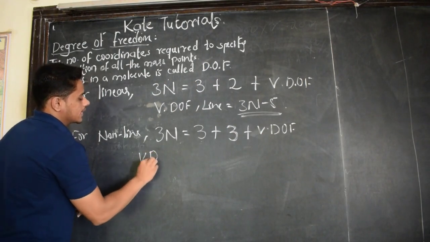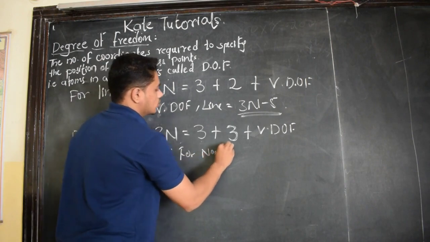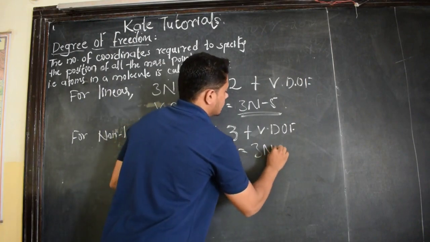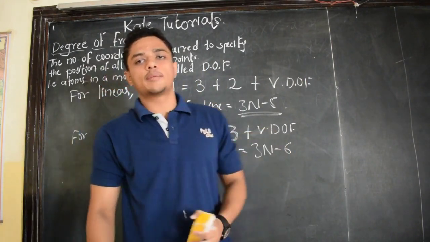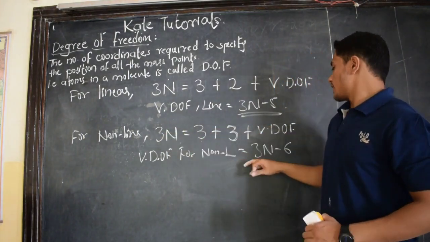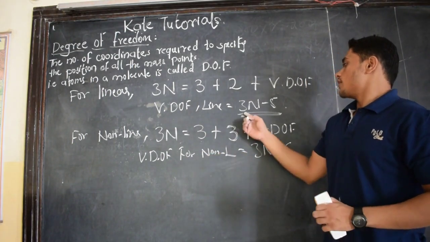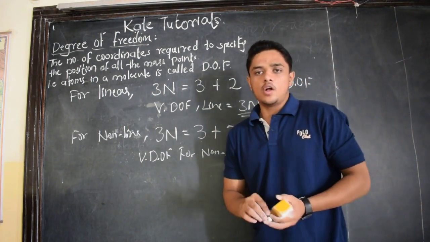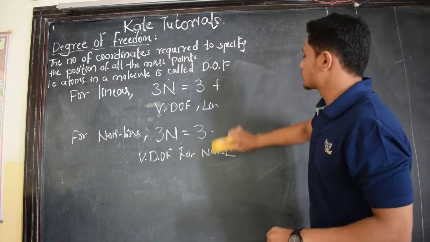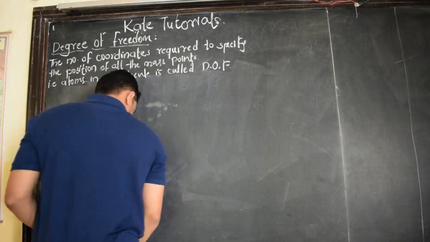So the vibrational degrees of freedom for a non-linear molecule is equal to 3n minus 6. I kept vibrational degrees of freedom on the right hand side and shifted this 3 plus 3, 6, towards the left side. So I got 3n minus 6 as the vibrational degrees of freedom for a non-linear molecule, whereas 3n minus 5 is the vibrational degrees of freedom for a linear molecule.